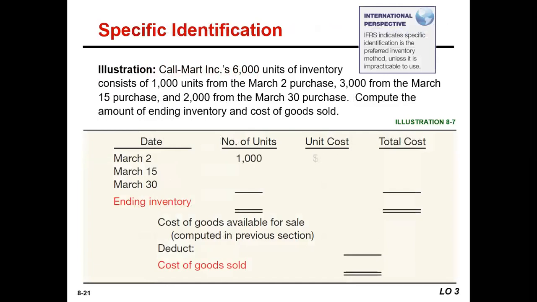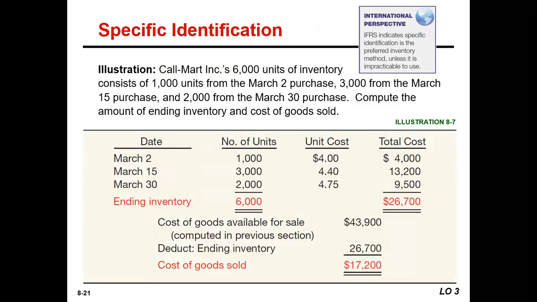All right, so here's our example of that. It says CalMart Inc.'s 6,000 units of inventory consist of 1,000 units from the March 2nd purchase, 3,000 units from the March 15th purchase, and 2,000 units from the March 30th purchase. Compute the amount of ending inventory and cost of goods sold.